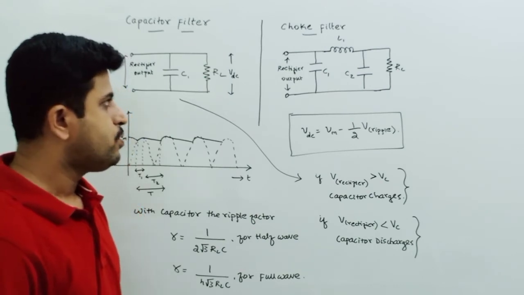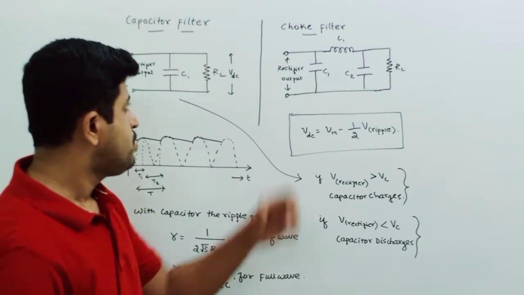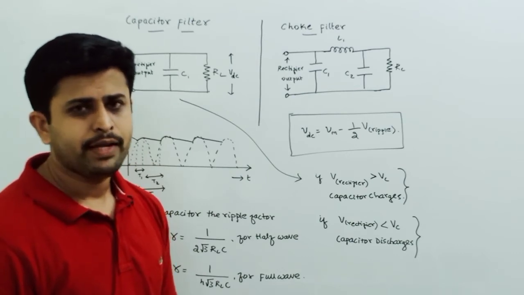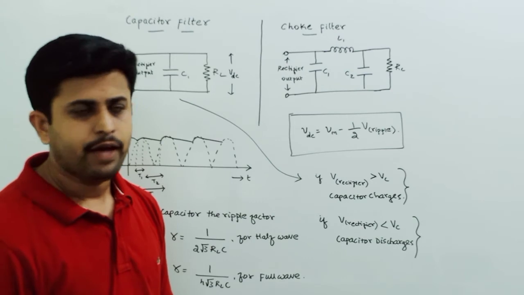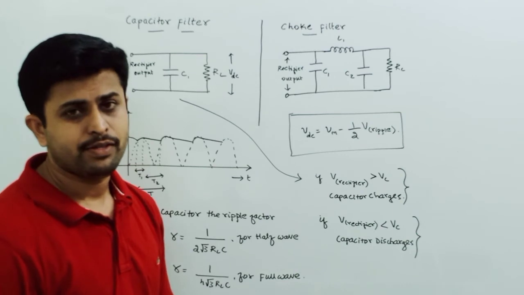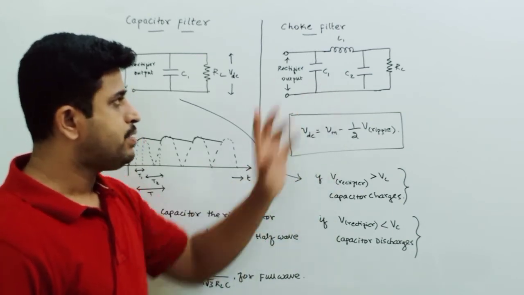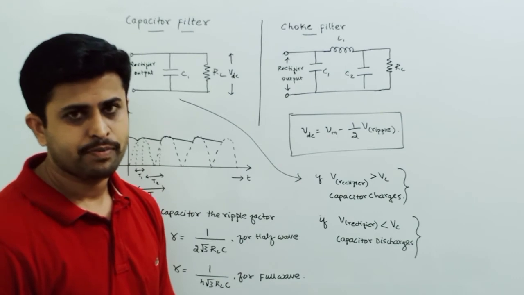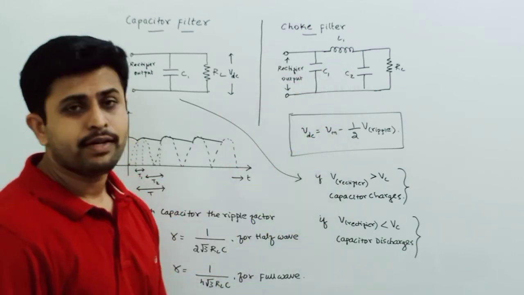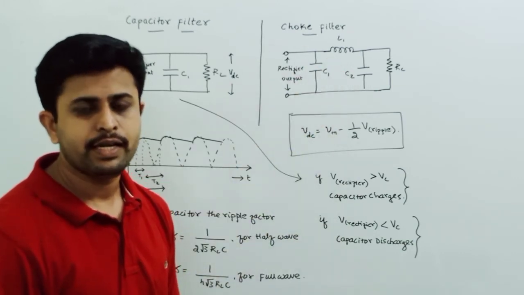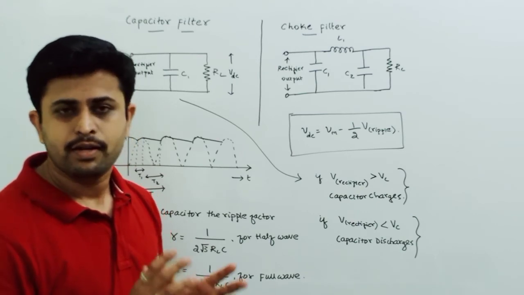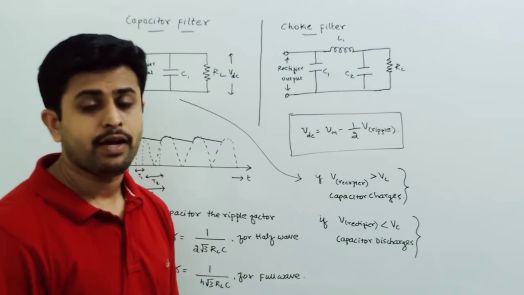Now let us see how this choke filter works. Here we are combining the capacitor with the inductor. An LC circuit is followed by this capacitor C1, where the capacitor C1 charges to the peak voltage of the input, that is the rectifier output, and this inductor starts opposing any sudden fluctuations or changes, because we already know that an inductor opposes AC and allows DC.